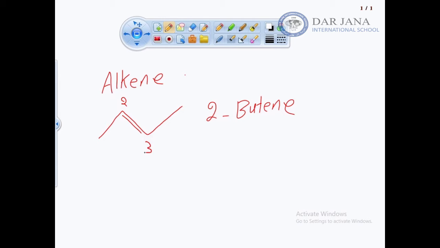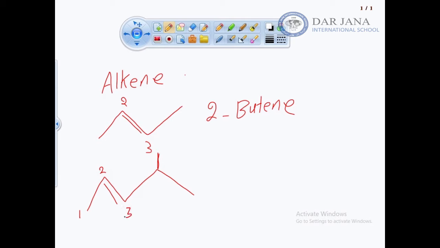So you start numbering the hydrocarbon chain from the nearest double bond. Here the priority is for the double bond. The double bond should take the lowest number, not the alkyl group. So if you have this molecule, you start numbering it from left to right, not from right to left.